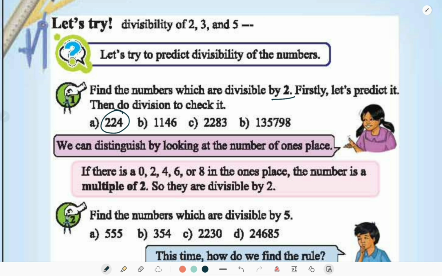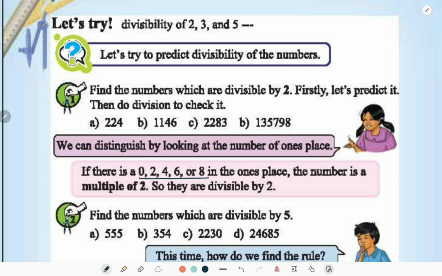Whatever numbers have the endings 0, 2, 4, 6, 8, that means the unit digit is one of them, then it is divisible by 2. So any even number is divisible by 2.